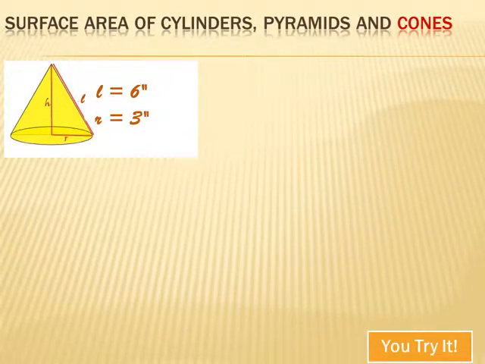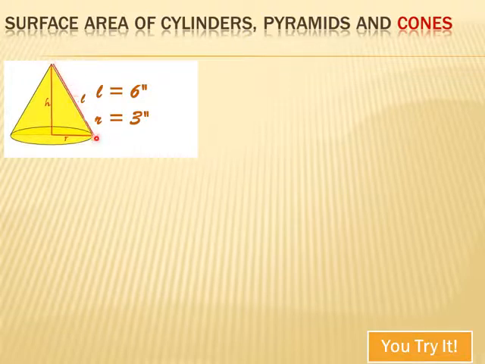Well, let's try one. Let's get the surface area of this cone. And again, in my mind, I'm going to deconstruct it, and I've got a round base, and I've got a partial circle that represents the lateral sides. And they're always going to tell us the radius of the base. And they're also going to tell us L, which is the lateral height.